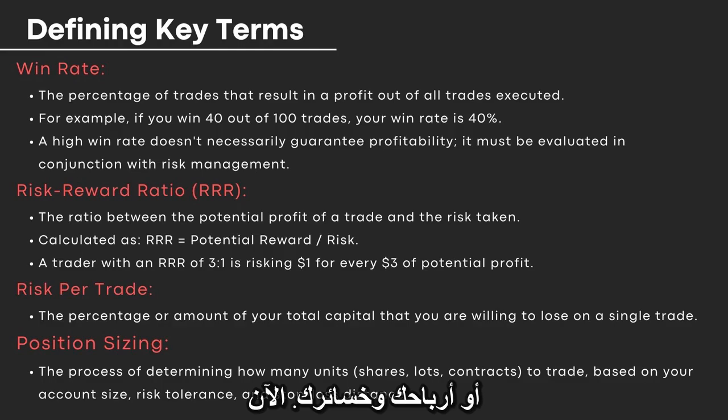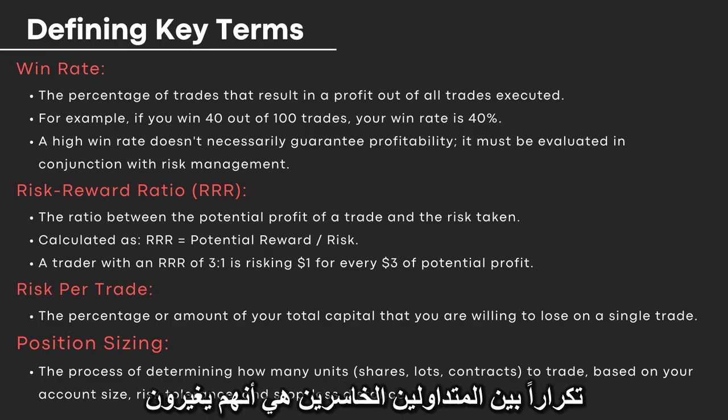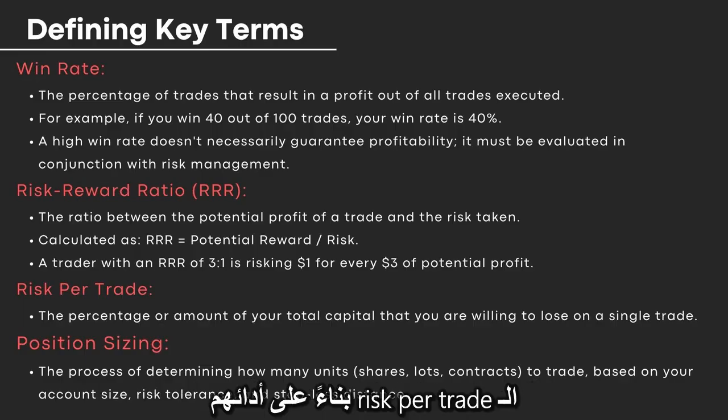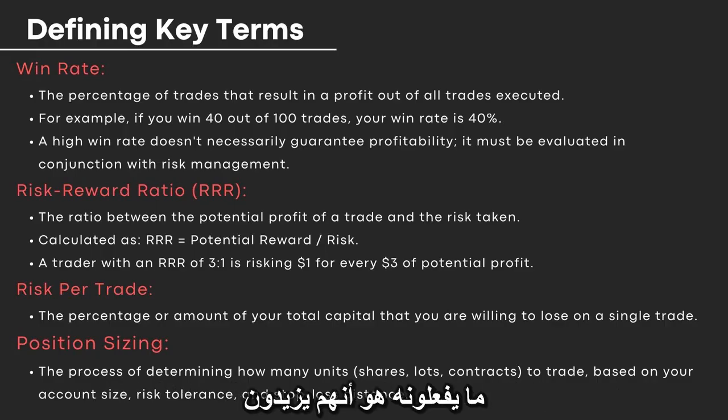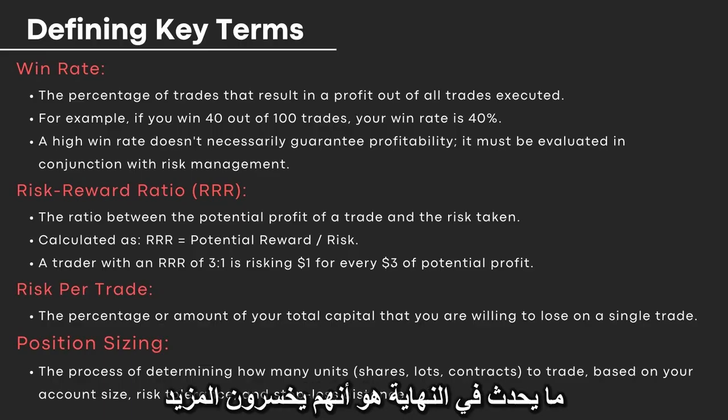It shouldn't change because of your performance or your wins and losses. Now the most recurring theme among losing traders is that they change their risk per trade based on their performance. For example, if they go into drawdown or a losing streak, they increase their risk per trade in the hopes of recovering what they lost. But instead, what ends up happening is that they lose even more.